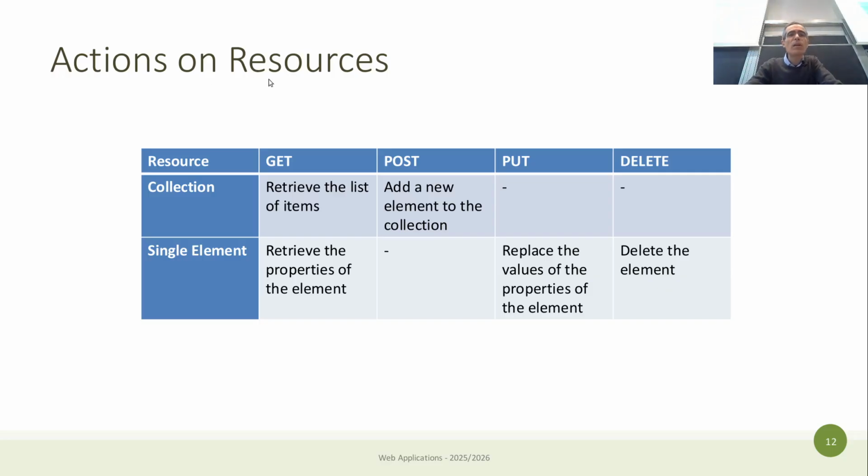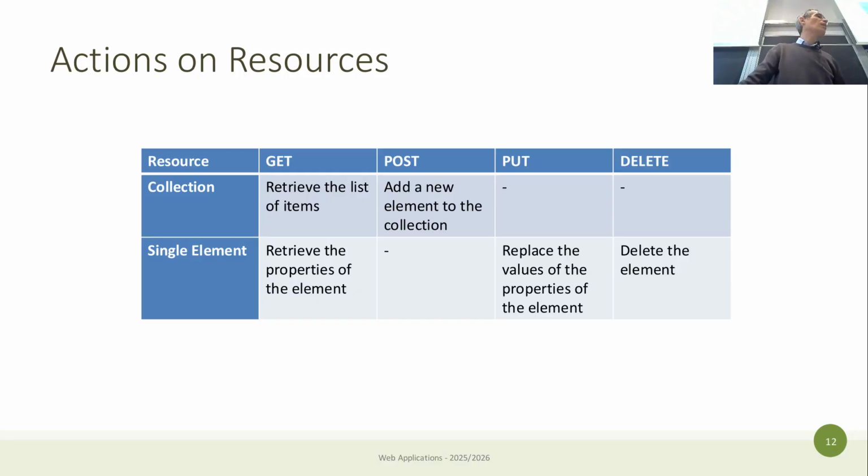So, actions you can have on resources, collections or single element. If you do get with the URL for a collection, you get the list of all the items. Get courses, all the courses at the Politecnico. Okay? They might be a lot. We might want to filter later. Okay, that's true, but just as an example, get students, all the students. Okay?